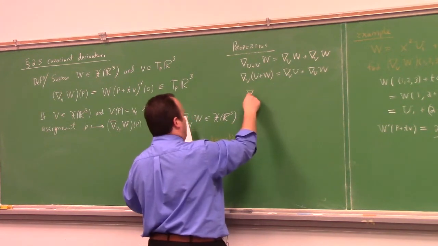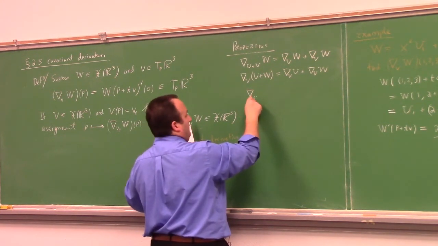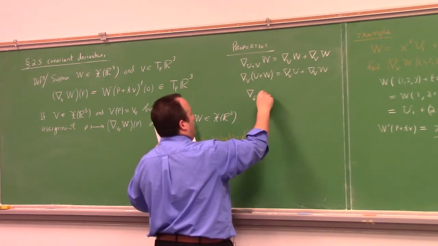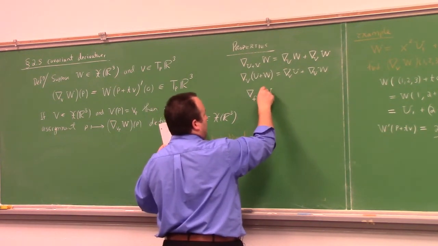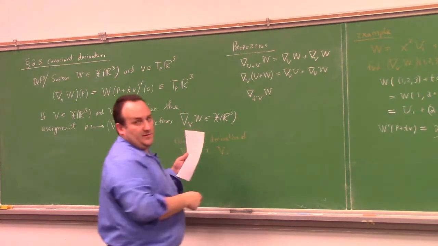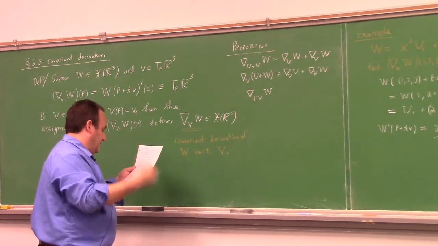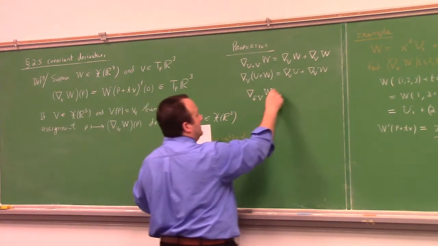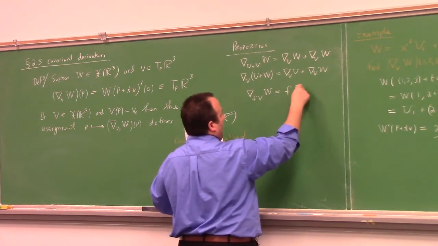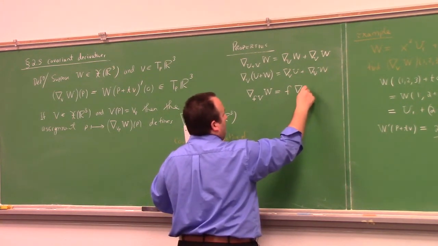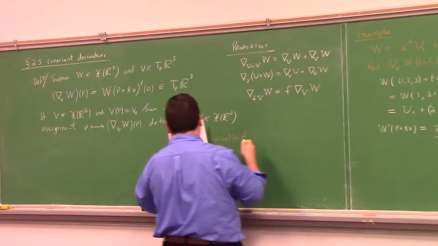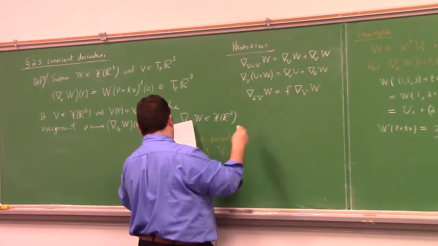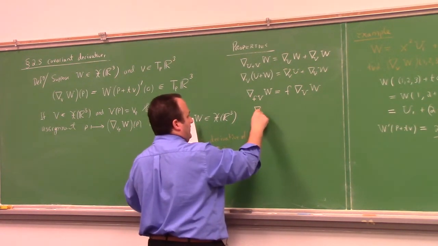It's important to notice the distinction. If we have a function times the vector field here, and you've already come across this in your homework, the distinction between a function being here, and it turns out that you can pull the function out, versus this one, the covariant derivative of v.